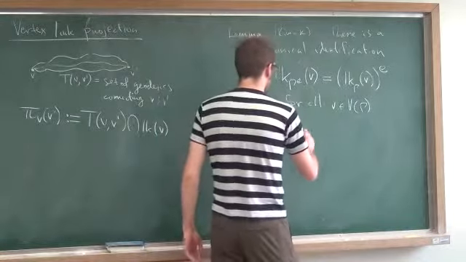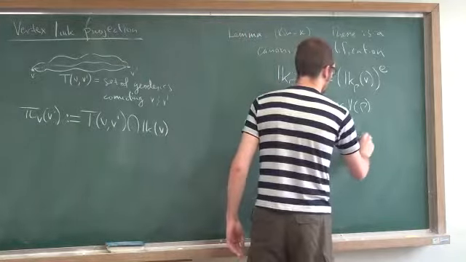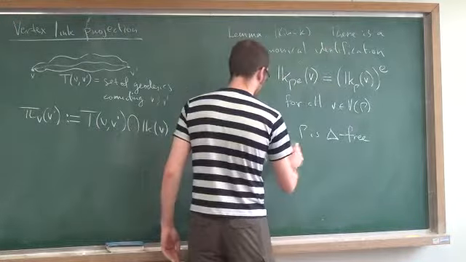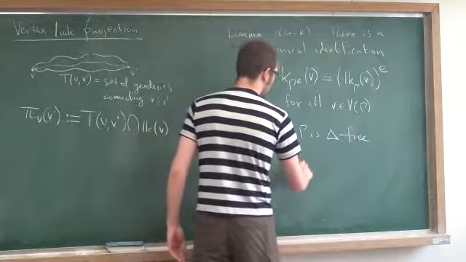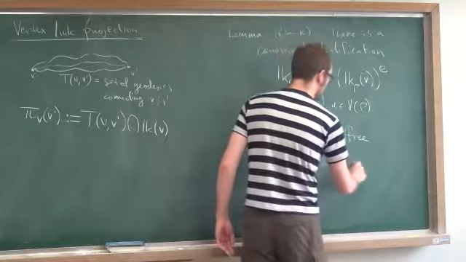So suppose that gamma is triangle free, then the link of each vertex is completely disconnected.